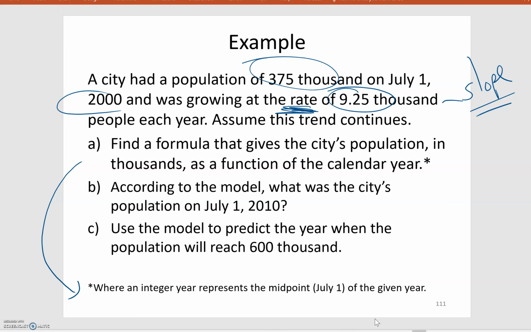This is your slope. We know the initial population. And we know when that initial population occurs, which is July 1st, 2000. So if this said as a function of elapsed time since July 1st, 2000, or a function of time since July 1st, 2000, then we would use ax plus b.